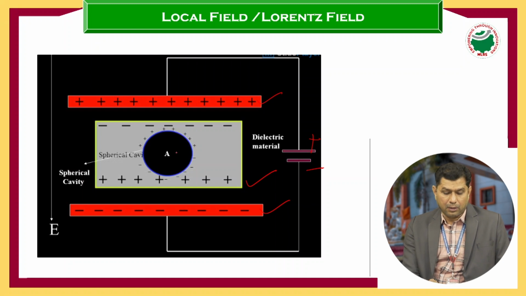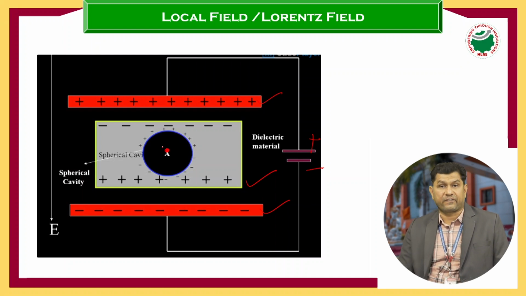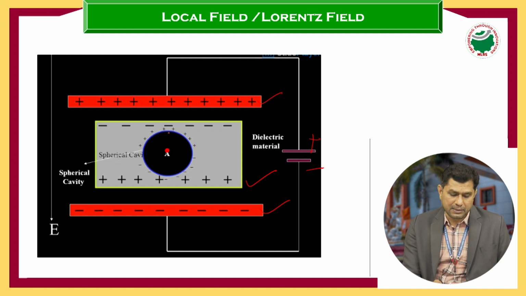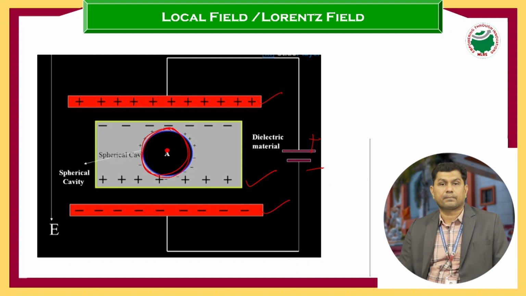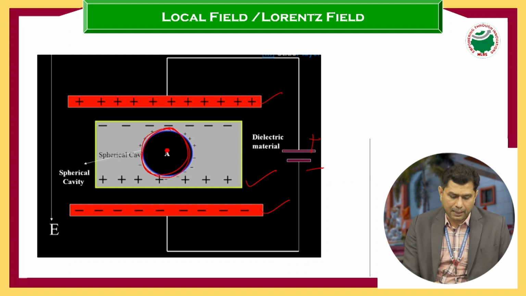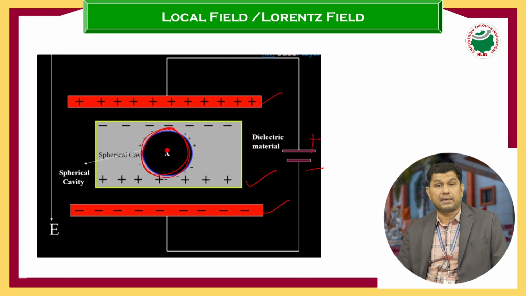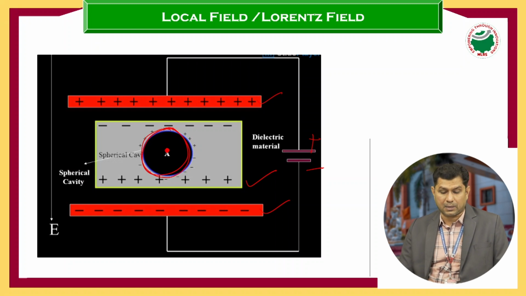Imagine inside you consider an atom. That is the reference atom we are using for study purposes, and this atom is surrounded by a spherical cavity. Now this atom A experiences different types of fields.